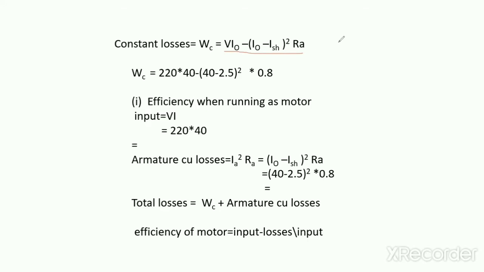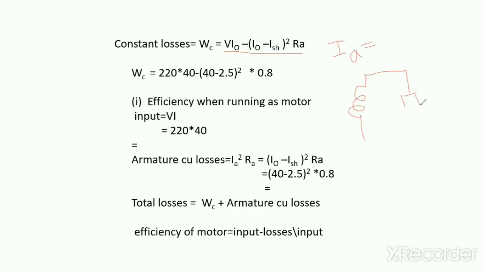Therefore, IA is equal to... in the case of a shunt motor, what is the armature current? First of all, what is meant by a shunt motor? The shunt field winding is connected in parallel to the armature.